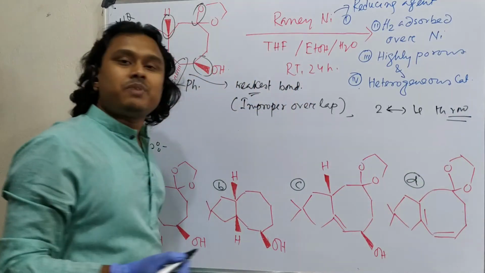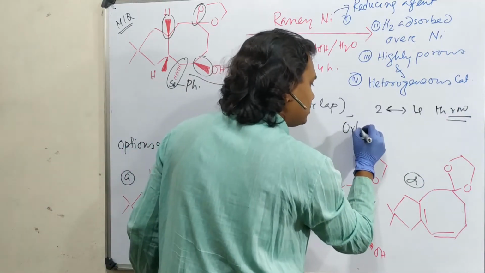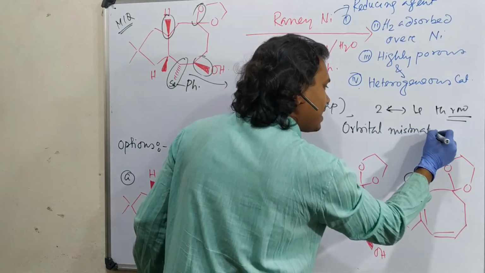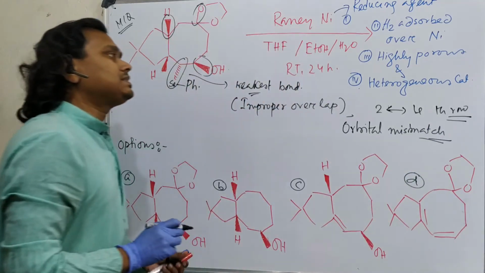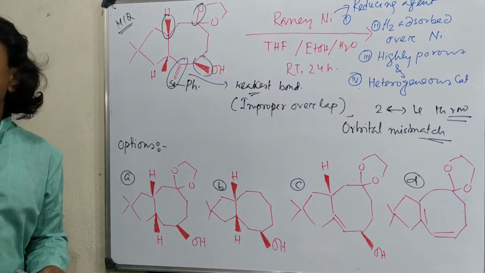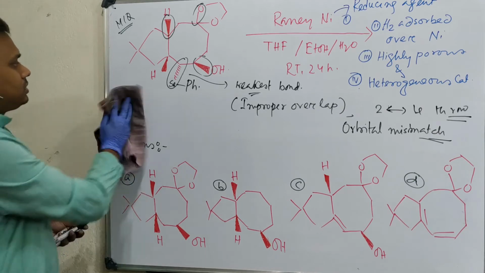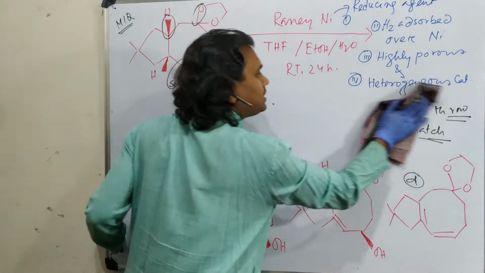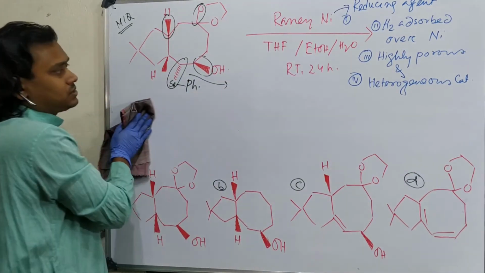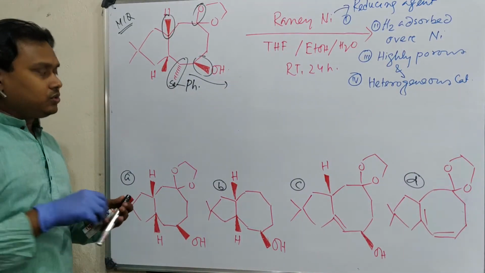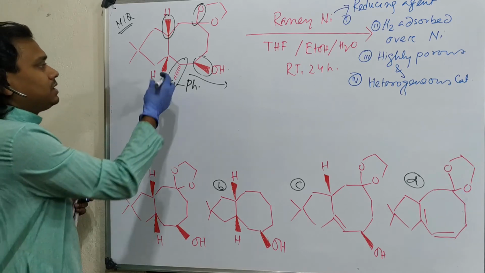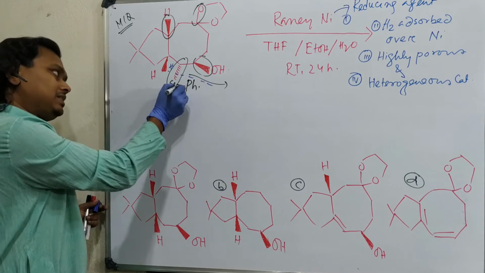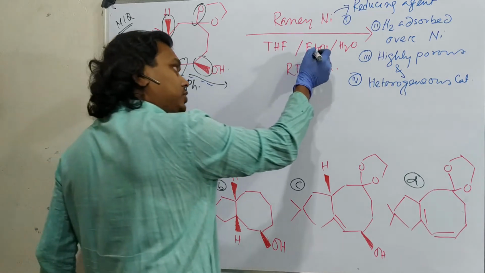So orbital mismatch is expected, and that's why this bond is the weakest. Now we have understood this. So what is expected? This carbon-selenium bond will be reduced. The easiest way to keep it in mind: this bond will break, hydrogen will add to this part, and this selenium will be added to nickel.